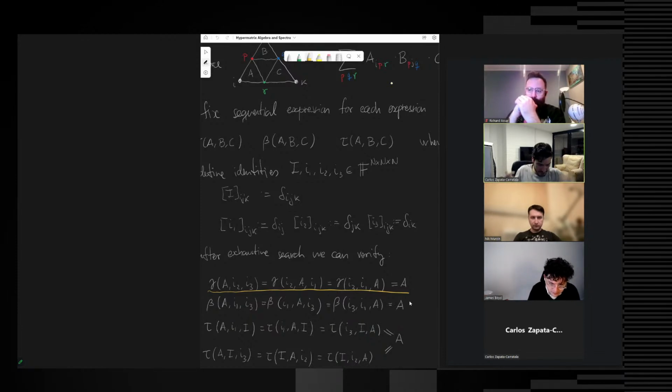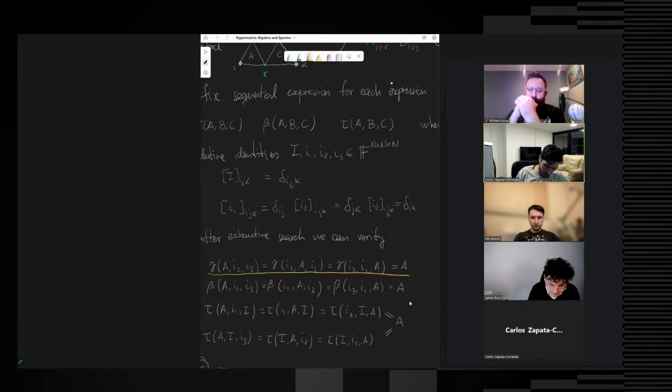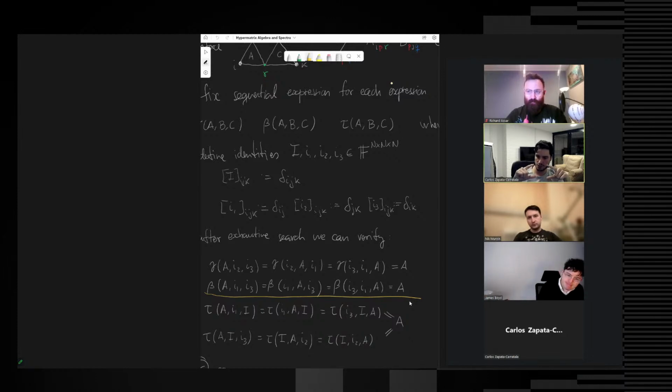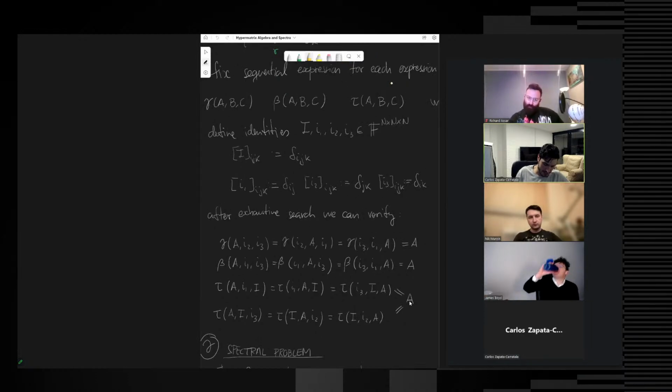Then there's the beta one, which is similar, but it just involves the 1 and 3. The fact that it's 1 and 3 is basically an artifact of the sequentialization choice that we made, but the point is that there are only two of them. And then there's the three-fourths one that has a partial identity and a full identity in these combinatorial positions.